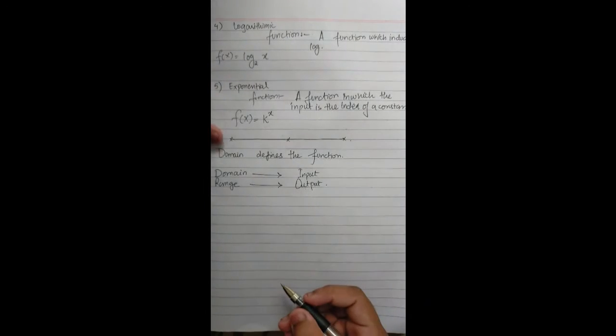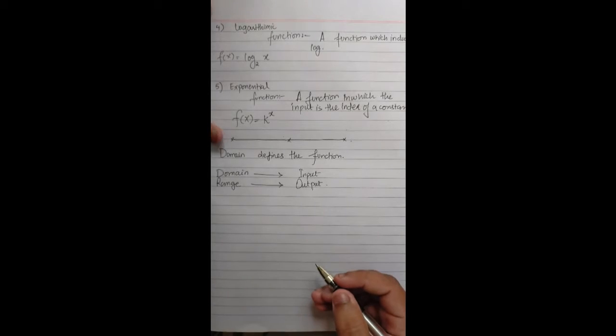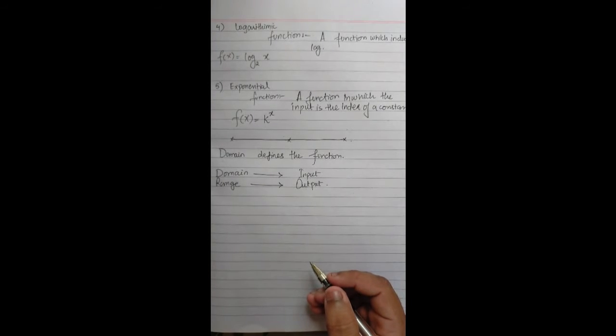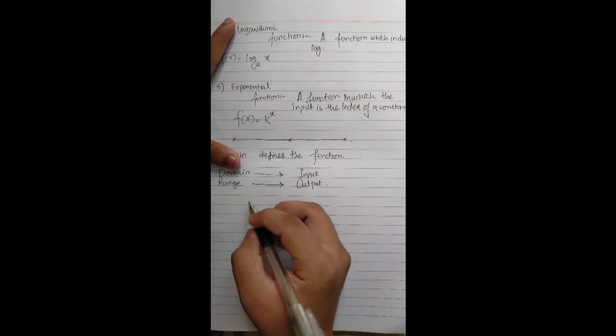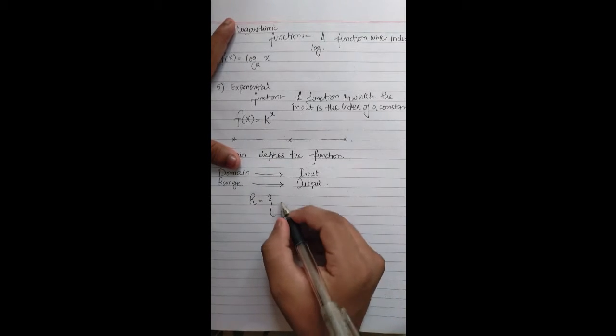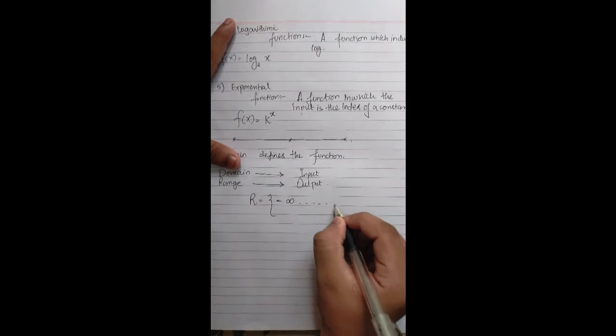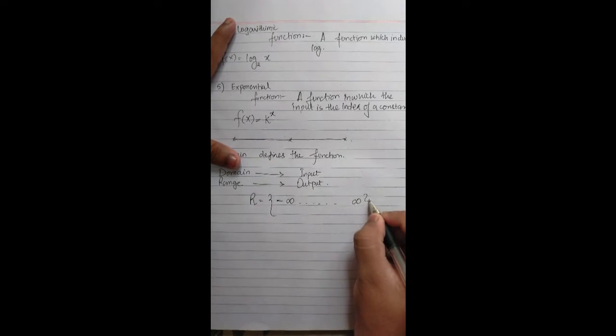Domain of a function is all those values which give a range of such a number that is part of the set of real numbers. The set of real numbers includes numbers from negative infinity to positive infinity.